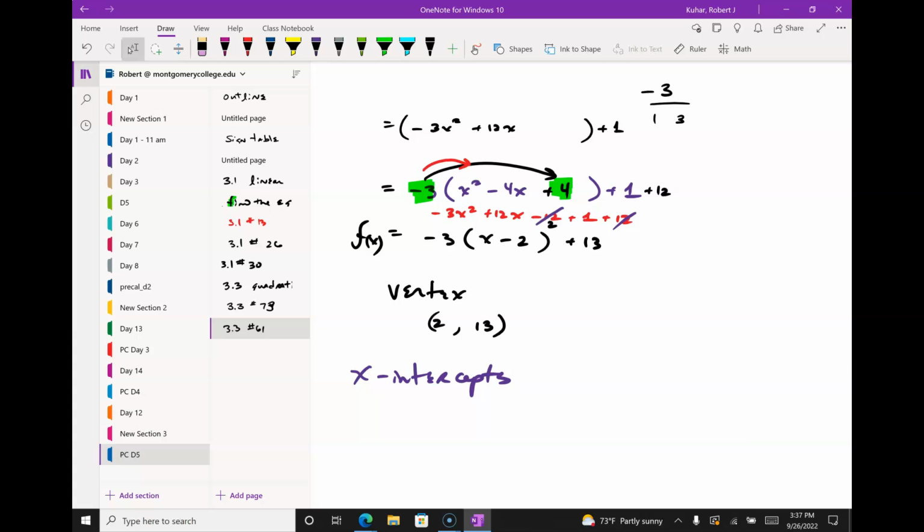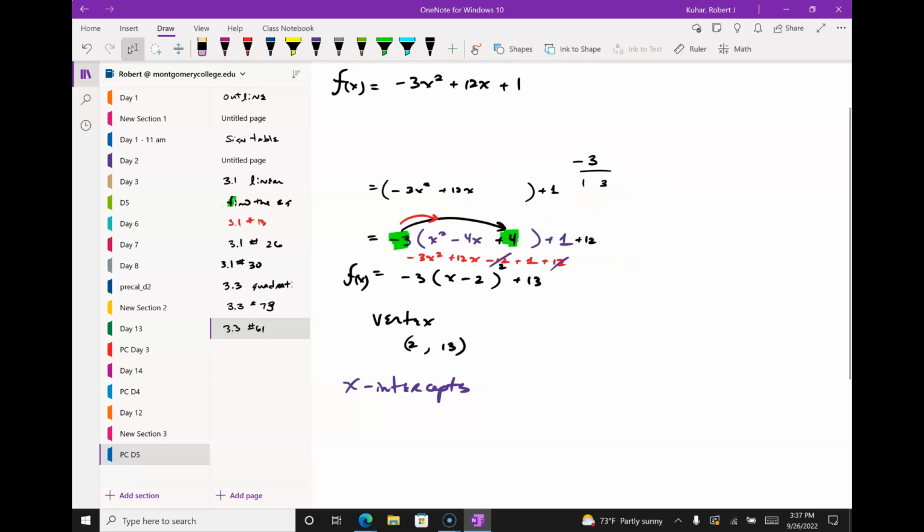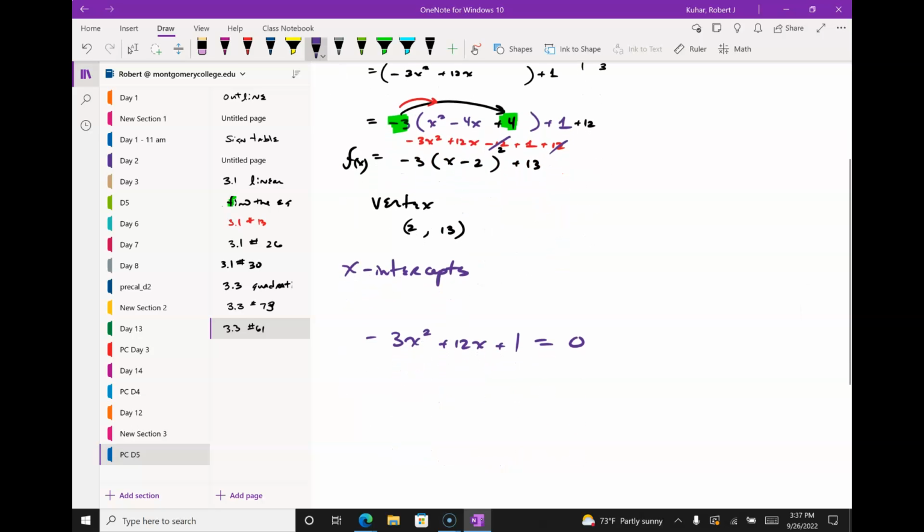I could factor, couldn't factor. I can use quadratic formula, or I can use my complete the square version. You want a reminder of quadratic formula? So I'm taking f of x equal to 0, and I know x equals negative b plus or minus square root of b squared minus 4ac all over 2a.